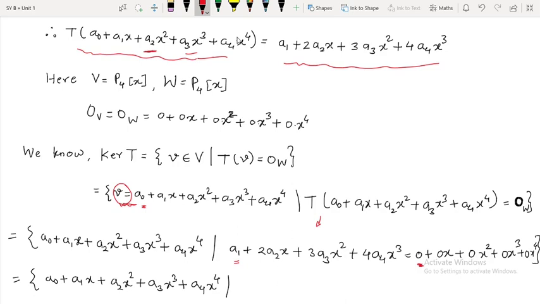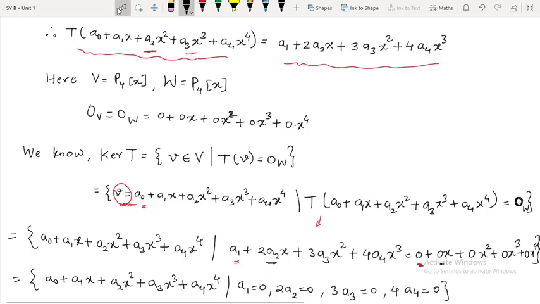So simply compare them, such that this a1 will be equal to 0. Next, now compare the coefficients of x. So twice a2 will be equal to 0, and thrice a3 will be equal to 0, and 4 times a4 will be equal to 0. I hope you are getting my point.